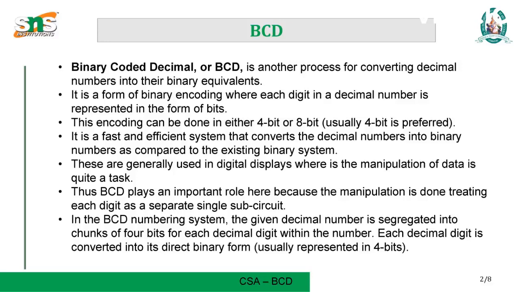In the BCD numbering system, the given decimal number is segregated into chunks of 4 bits for each decimal digit within the number. Each decimal digit is converted into its direct binary form, usually represented in 4 bits, as I told you.